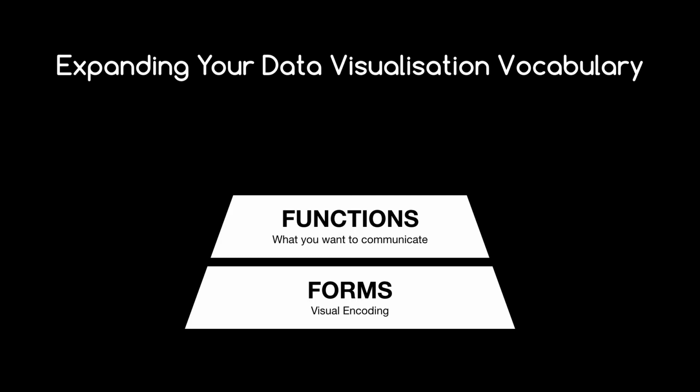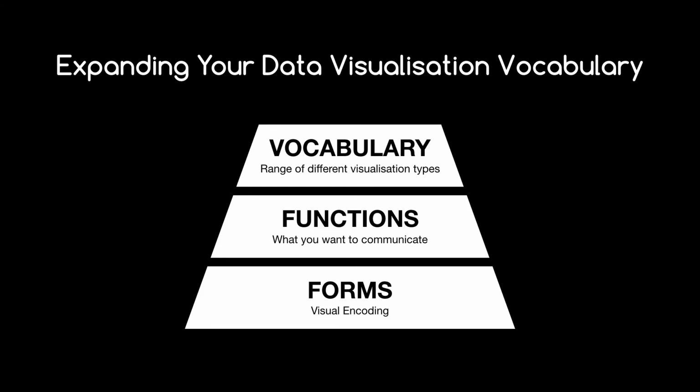What is it that you want to communicate to people? And then finally, we'll go through a list of different chart types to extend your visualization vocabulary and give you a better selection of tools to visualize your data with. As well as that, I will also try to provide some examples.